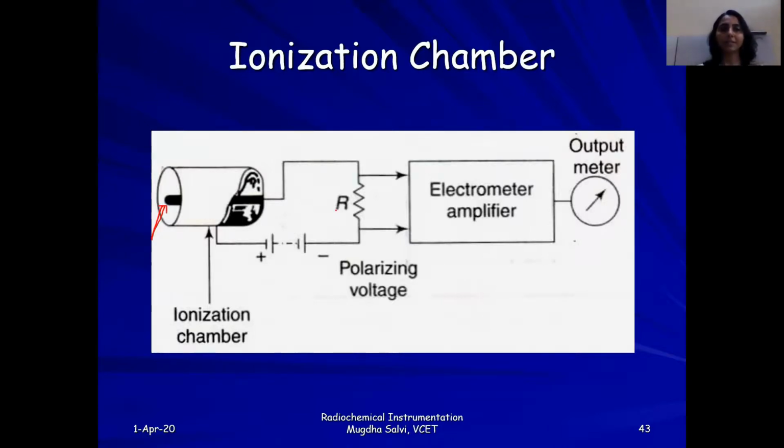What happens is, you apply a high voltage to this and there is gas present inside. Now whenever radiations strike, they will ionize, and there will be a flow of current. This current will be used by the amplifier. It will amplify it and show it on the readout. The working is very simple.